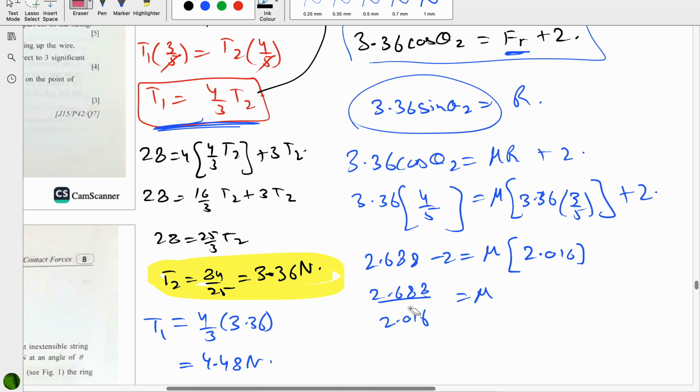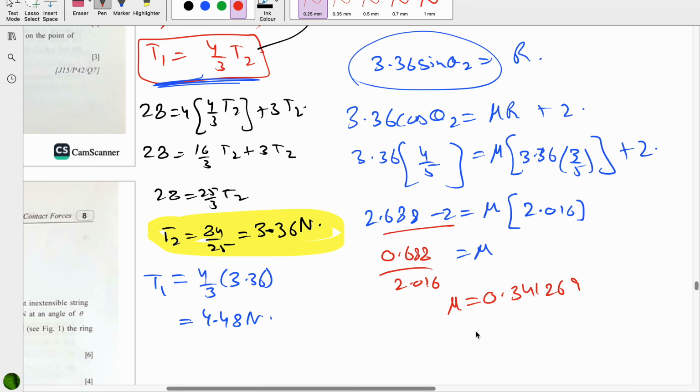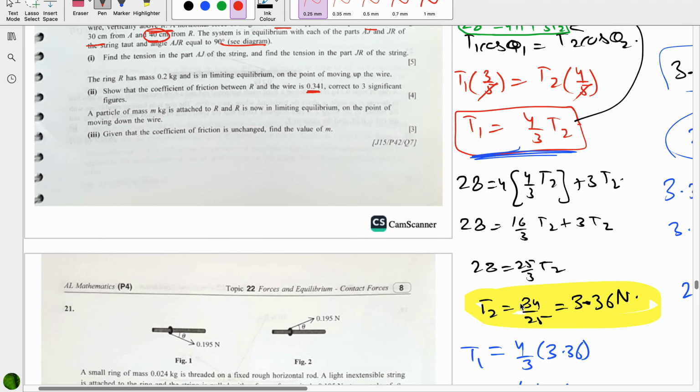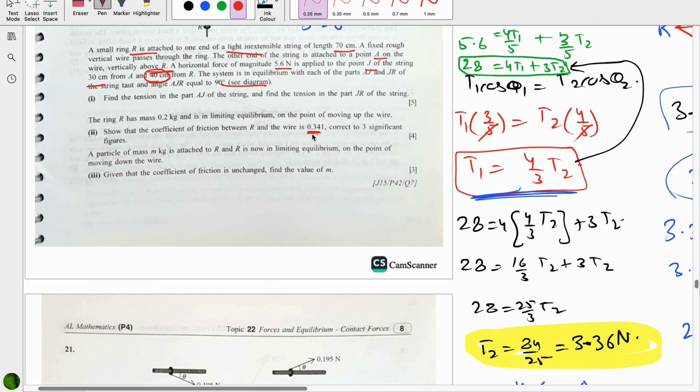That was minus 2 first, this minus 2 right here. So this is 0.688 by 2.016. 0.688 divided by 2.016, mu is equal to 0.341269, and up to 3 significant figures it should be 0.341. Let's see if we get the same answer. And 0.341, so that's correct. 2 parts done.